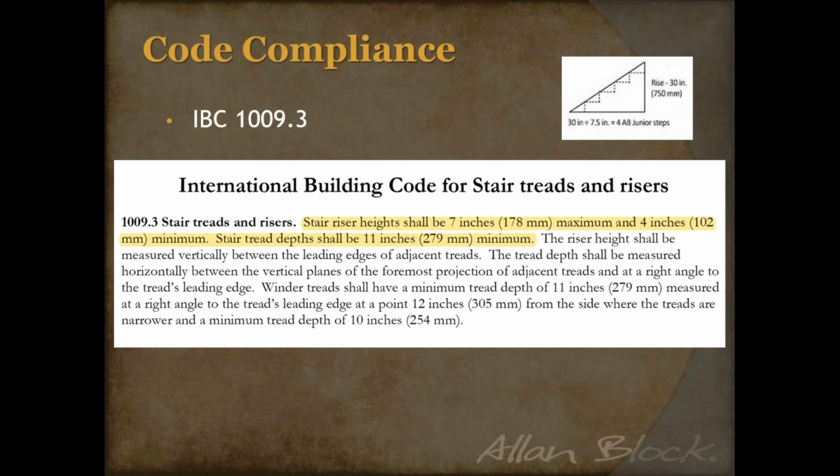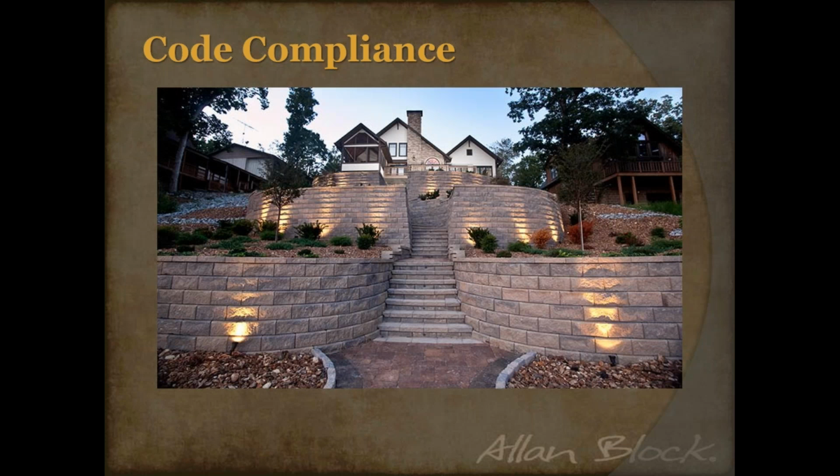If you look at the IBC, you'll see that the maximum rise is 7 inches. Well, that's great, but most of the segmental retaining walls out there are over 7 inches in height. They're looking at 7.5, 7 3/4, even a true 8 inches. And so when you're working with products like that, you might have to keep your stairs independent of your wall. Here's a case.